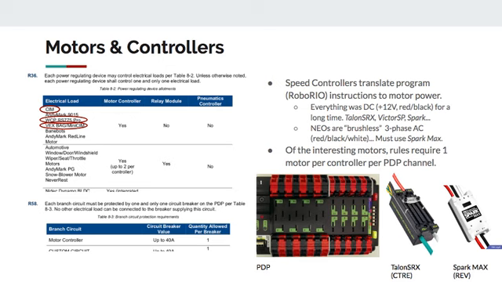So the 2 most common are pictured here. I know you guys probably already know this, but the 2 most common ones are the Talon SRX, which is for all the DC motors, basically everything in the table except for the Neo brushless motors, which came with their own controller, because when they say brushless, what they actually mean is an AC motor. So it actually has no switches inside.